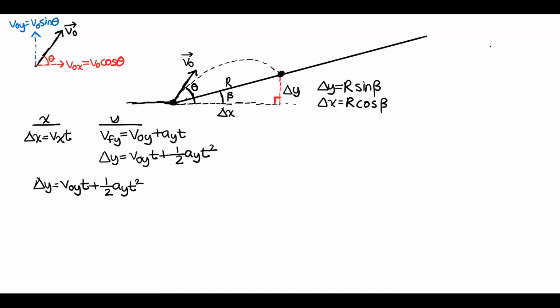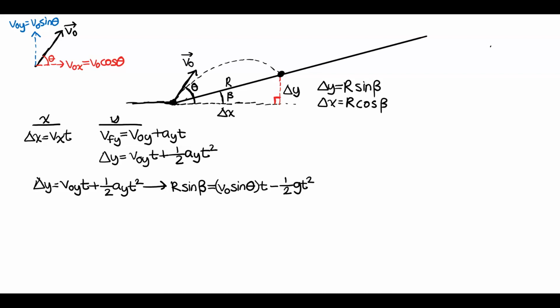Now, this gives us r sine of beta, that's delta y, equals v naught y, that's v naught sine theta t, and we're going to use the magnitude of g, so we include the direction as a minus sign, minus 1/2 g t squared.